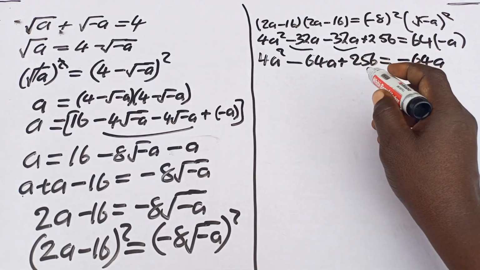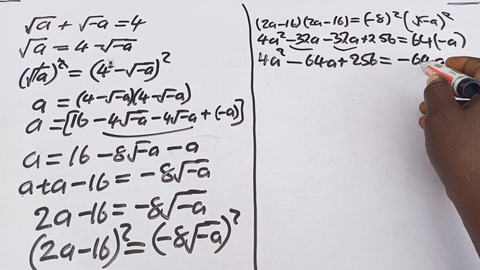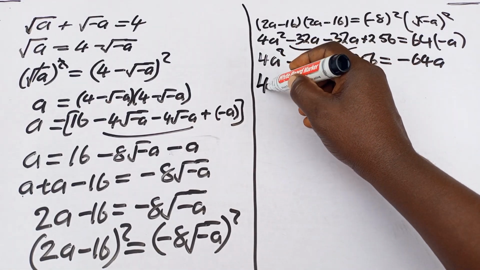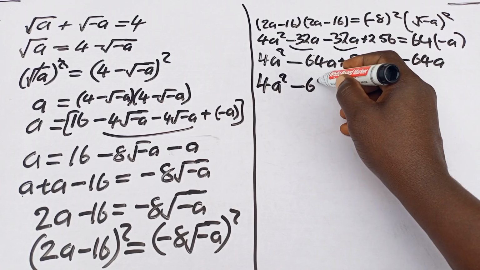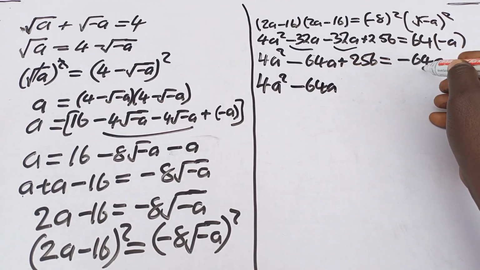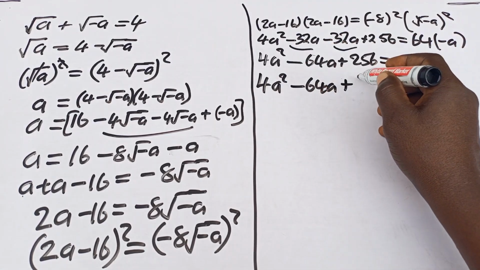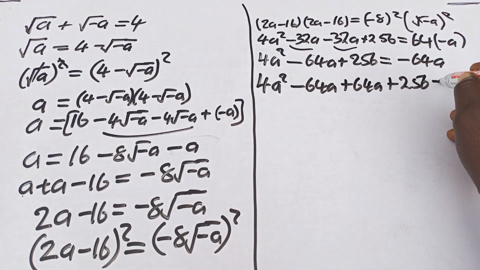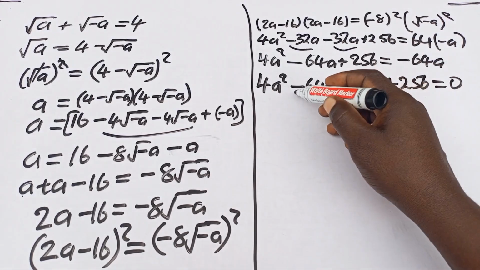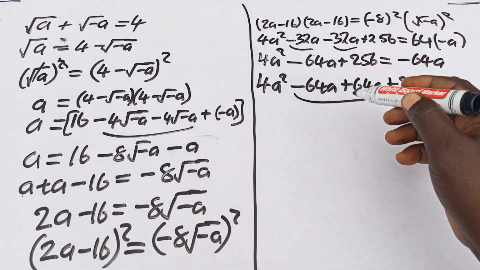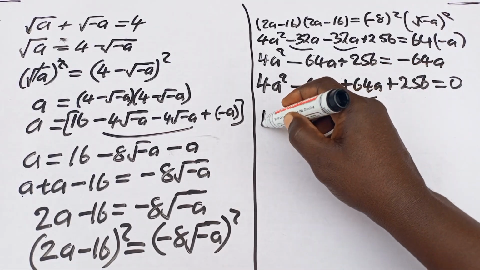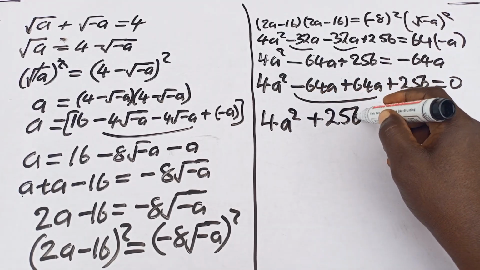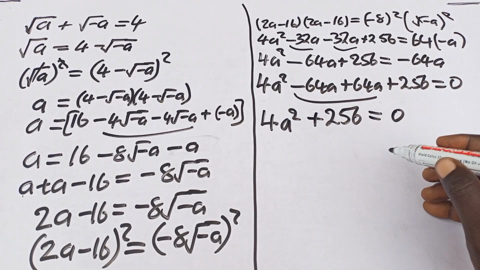That's what we get. Now let's take this negative 64a from the right hand side to the left hand side. It becomes positive. So we have 4a squared, negative 64a, this negative 64a coming this way becomes positive 64a, plus 256 equal to 0. Negative 64a plus 64a is 0. So we have 4a squared plus 256 is equal to 0.